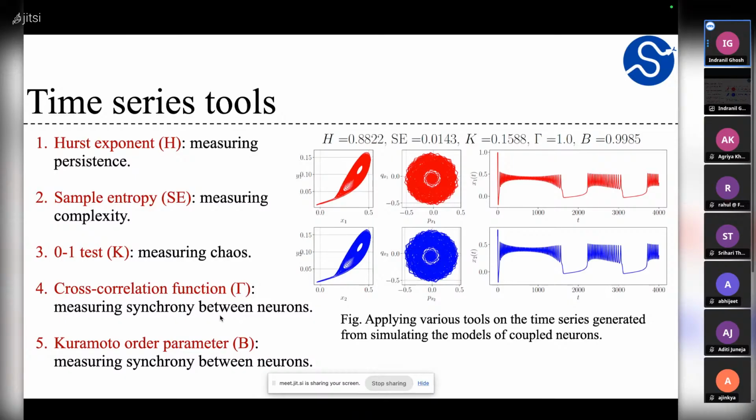This is a very important topic that people study nowadays: what's the purpose of synchronization in the neural mass. Similarly, there's another order parameter that you can use to study synchrony in neurons, but in terms of phase, not voltage or recovery variable, but you can translate it into a phase dynamics framework.